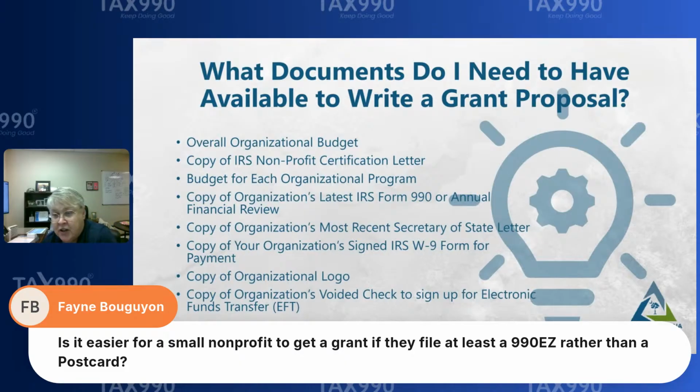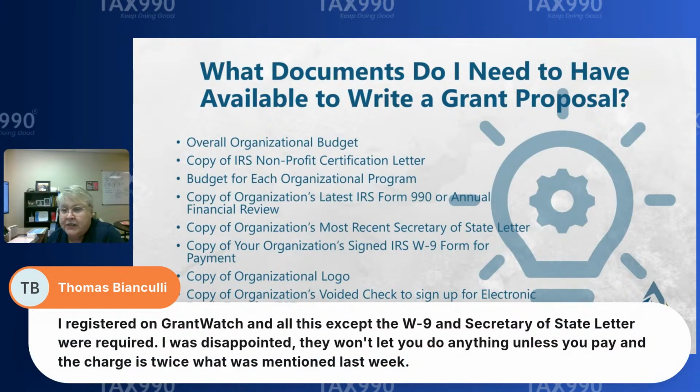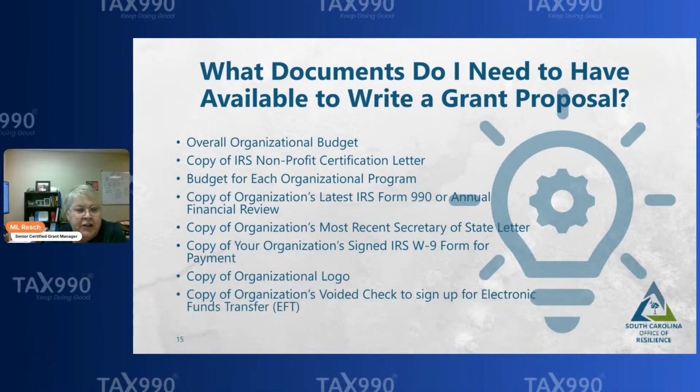Thomas said, I registered on Grant Watch and all of this except the W-9 and Secretary of State letter required. I was disappointed. They don't let you do anything unless you pay. Thank you. Okay, let me go back. I am going to take you back, and I'm going to give you some additional resources.